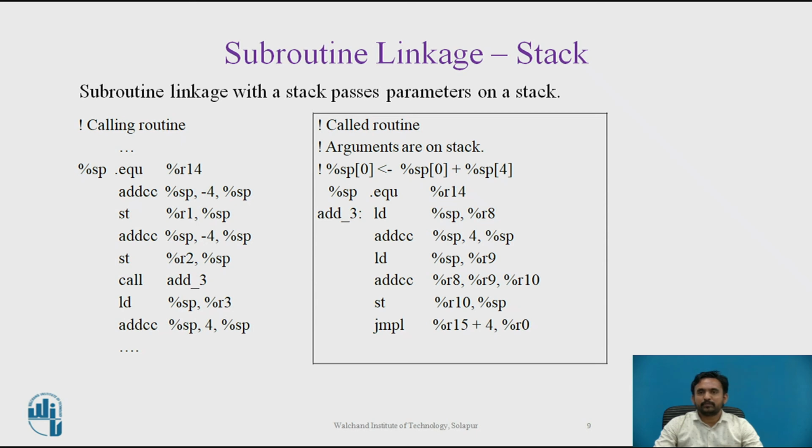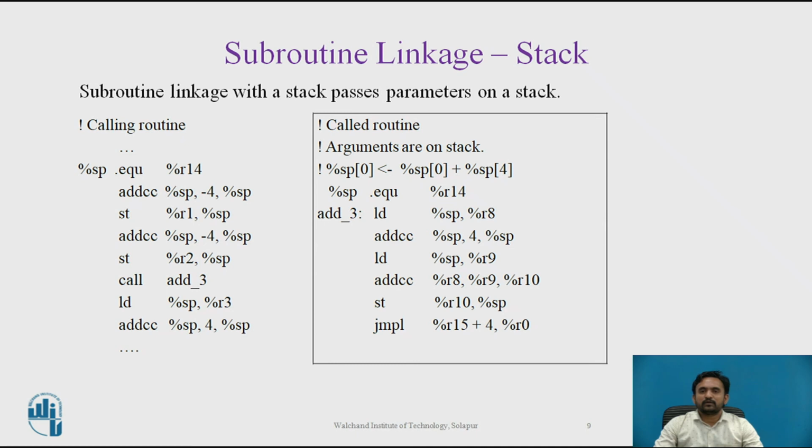An example of passing arguments using a stack is shown in this particular table. Here register R14, that is 14, serves as the stack pointer, which is initialized by the operating system prior to executing the calling routine.